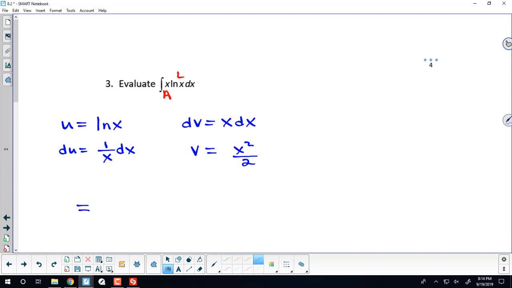So u times v, we've got 1/2 x squared ln x, minus the integral of v du. So v times du, we have x squared over x, which is just x, times 1/2. So there's uv minus the integral of v du.